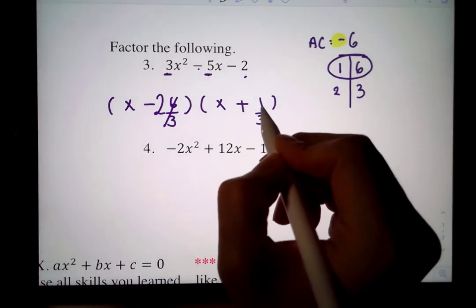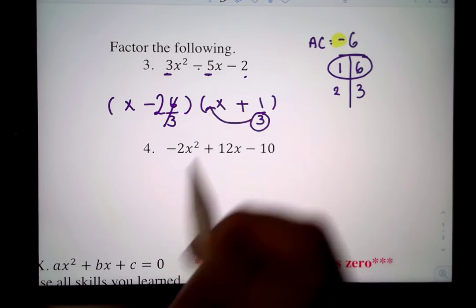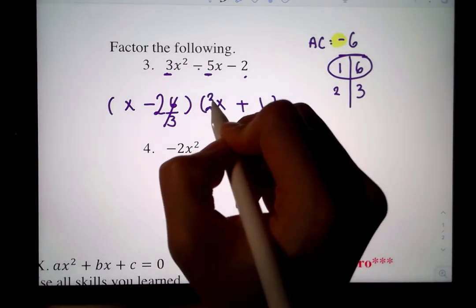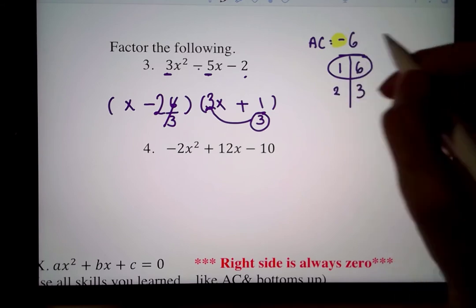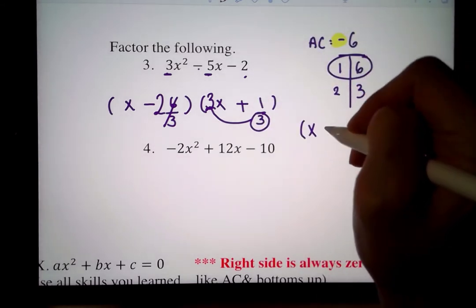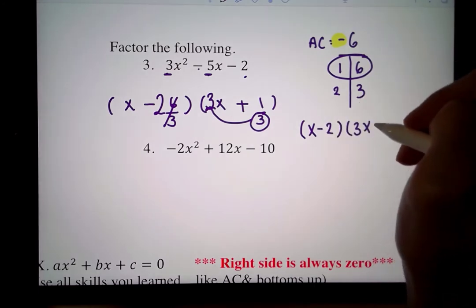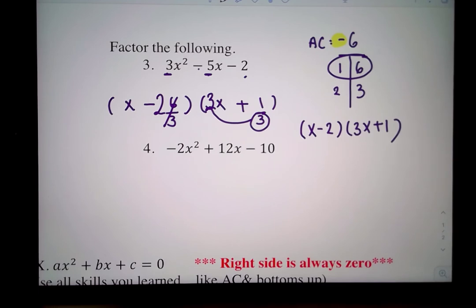And 1 over 3, we cannot simplify it. So you need to put it in front, bottoms up. So it will be 3, right? So when you factor, let me rewrite it. So when you factor that one, you get x minus 2 and 3x plus 1, like this.